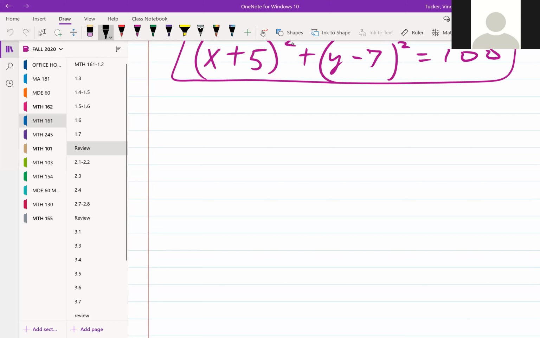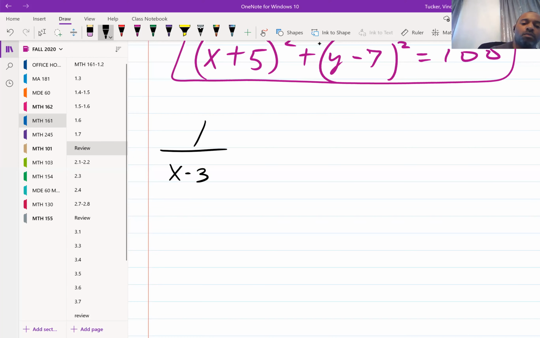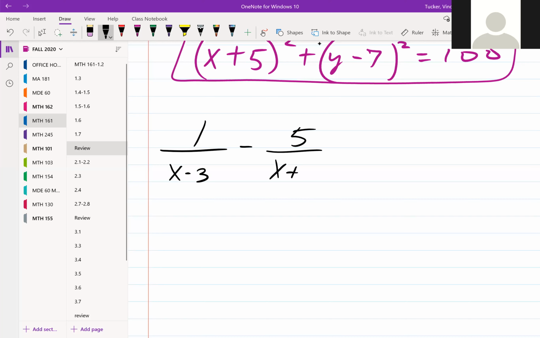The equation is 1 over x minus 3, minus 5 over x plus 6, equals 9 over x squared plus 3x minus 18.